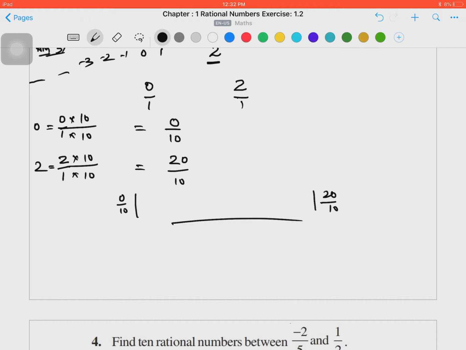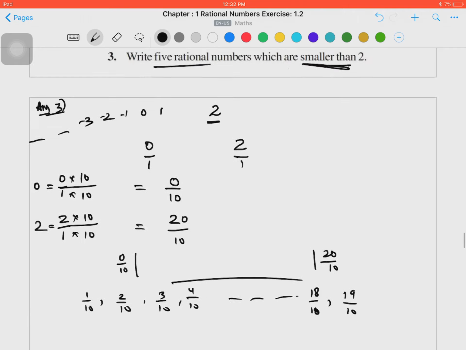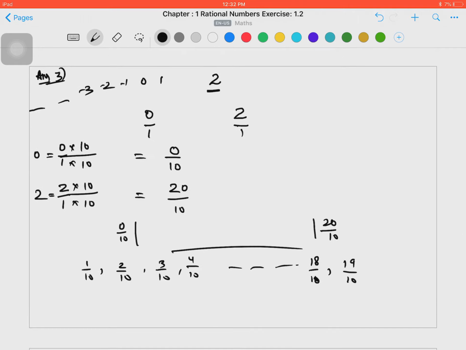You can write any 5 rational numbers between these two, which will be 1 by 10, 2 by 10, 3 by 10, 4 by 10, and so on till 18 by 10 and 19 by 10. You can choose any 5 rational numbers out of these numbers.